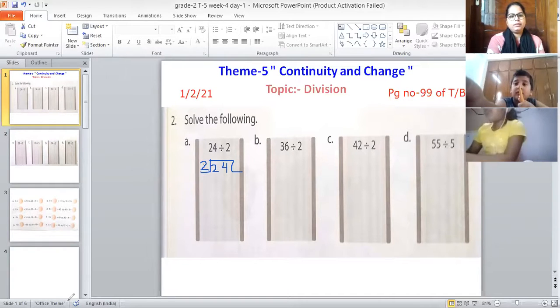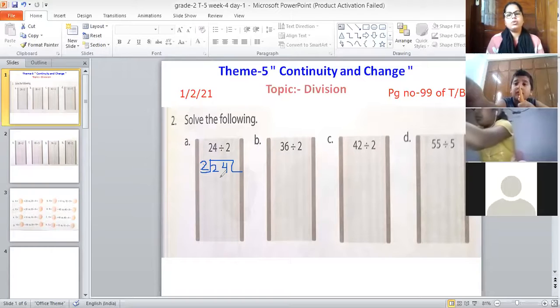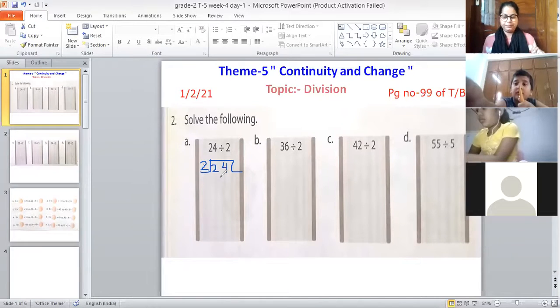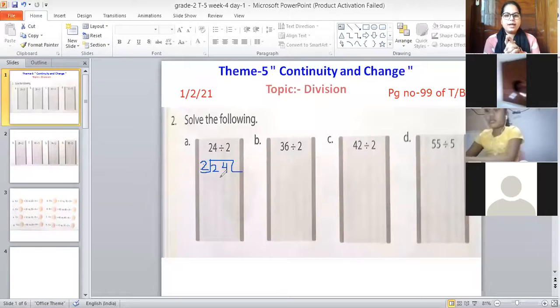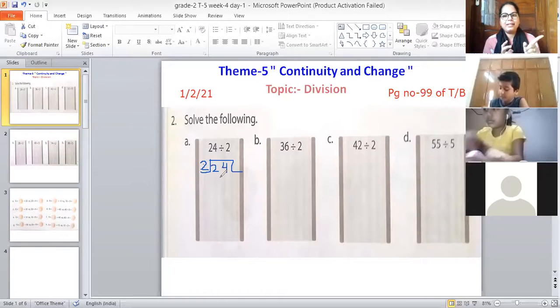Right, Advaita? Yes, ma'am. Before that you tell me, two digits are here, 2 and 4, that makes it 24. Is it correct, Advaita? Yes, ma'am. Advaita, please pay attention. I said that two digits are here, 2 and 4, that makes it 24, right?